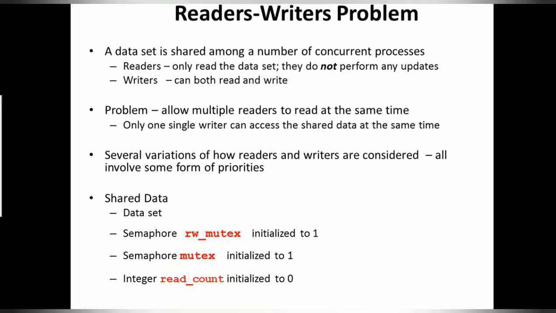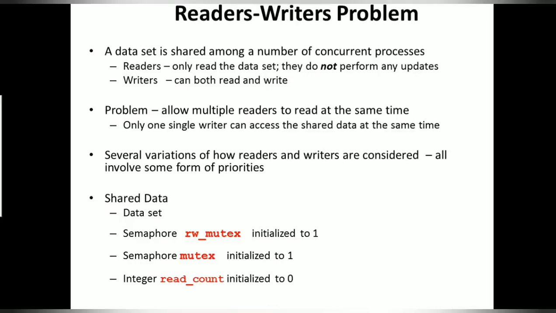Now, if multiple reader processes are given access to the shared data, it is certainly harmless because no change is made to the data. All the processes are just viewing the data without manipulating it. But the same does not hold good for a writer process.